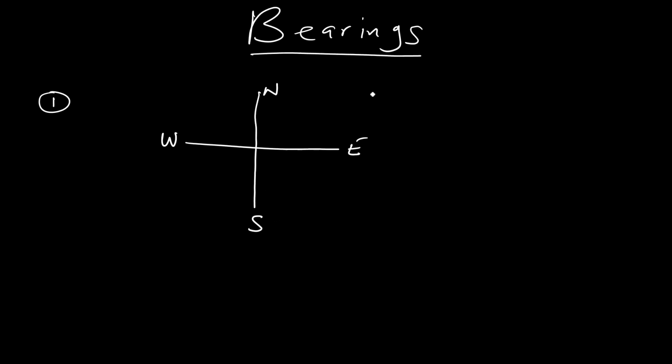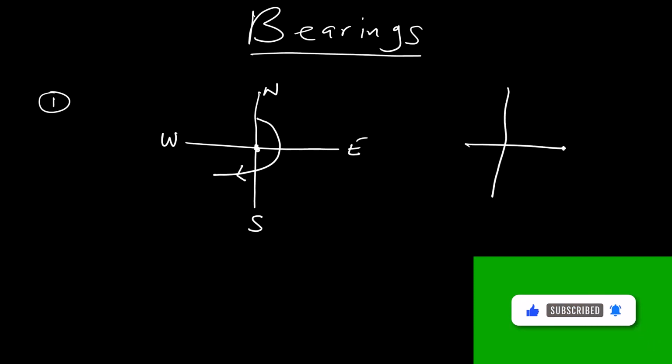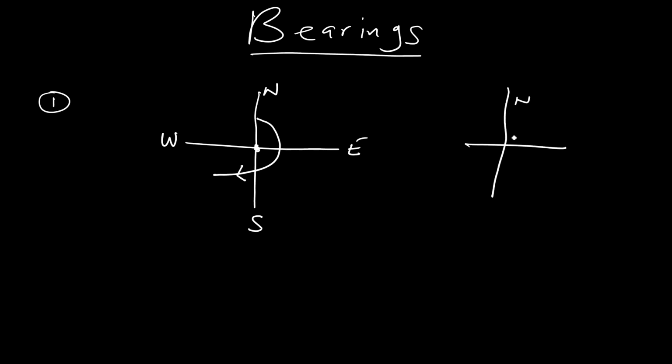With bearings, the measurement, we start from the north, then we rotate in a clockwise direction. You cannot start from the north here, then rotate this side. No, this is wrong. Under bearing, we start from the north, then rotate clockwise.